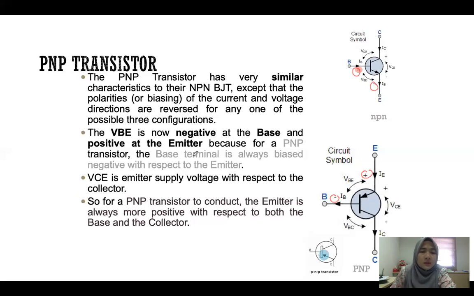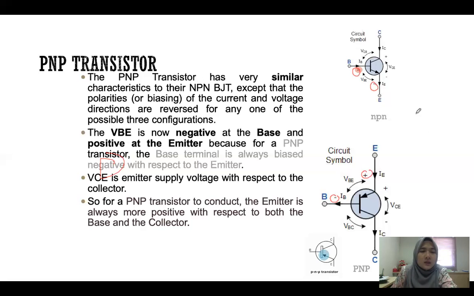So the base terminal is always biased negative with respect to the emitter. The base will always be biased negative. For the NPN, the base is always positive.